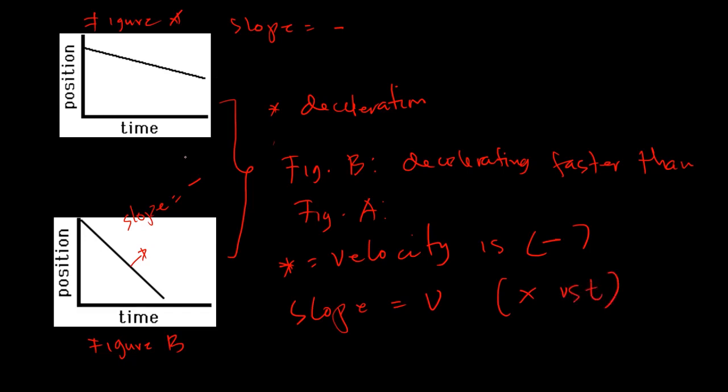This is the graph of a decelerating object with respect to position, or with respect to the time interval. Let's try to consider a real-time example of the graph that we have.